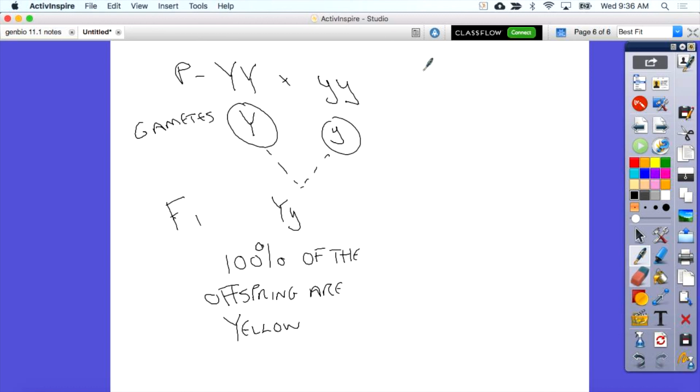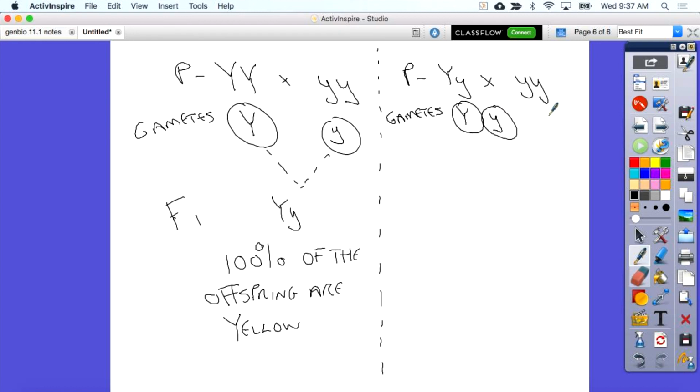If in fact our parent was not a purebred, but in fact was a hybrid, then we cross it with the recessive, our test cross, and now when we look at the gametes, this parent would either have the big Y or a little y, and again we know that this parent only offers a little y, so in our Punnett square we need a 1 by 2 box, and we're going to put the gamete for this parent right here, and the gametes for the other parent right here, and show fertilization.